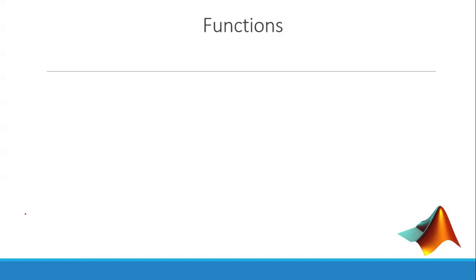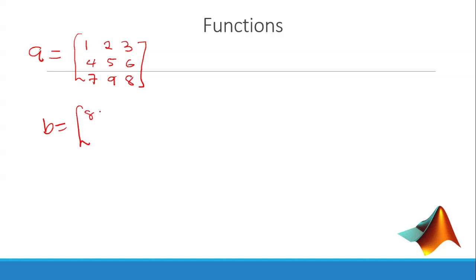Let's say I have a matrix A equal to 1, 2, 3, 4, 5, 6, 7, 8, 9. Then I have B equal to 8, 7, 9, 6, 5, 2, 3, 4, 1.